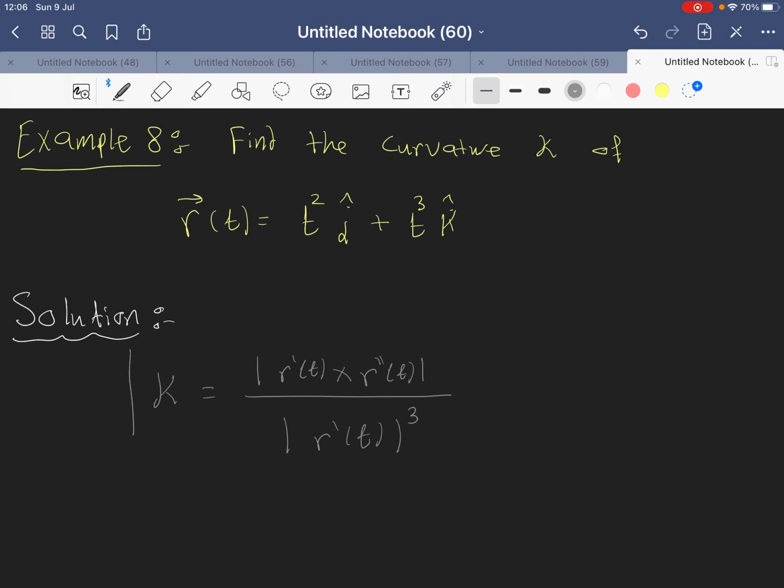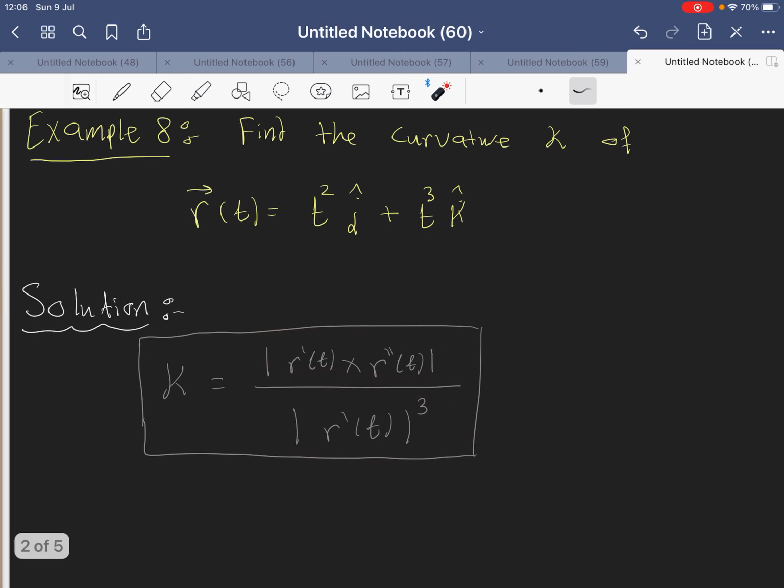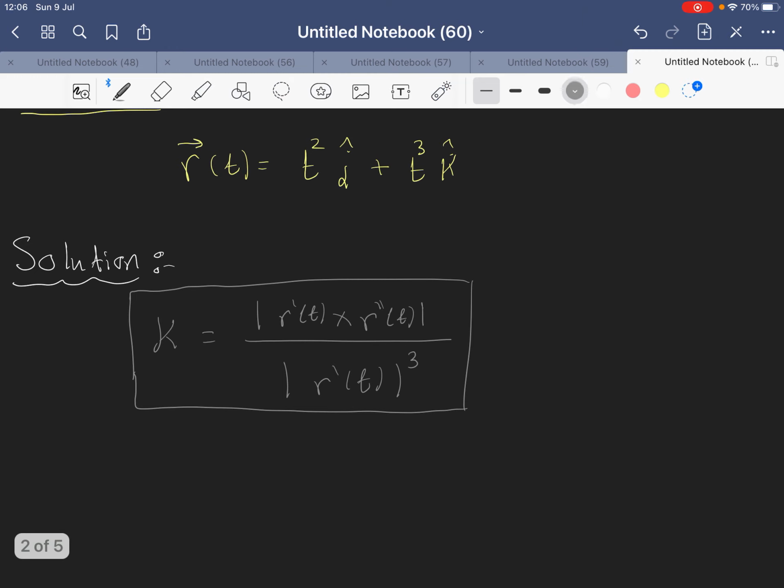This is the formula for the curvature. So we need to find the first derivative, the second derivative, and then the cross product, and then apply the formula. Of course we need to find the magnitude of the numerator and the magnitude of the denominator to the power of 3. So let's start solving this question.